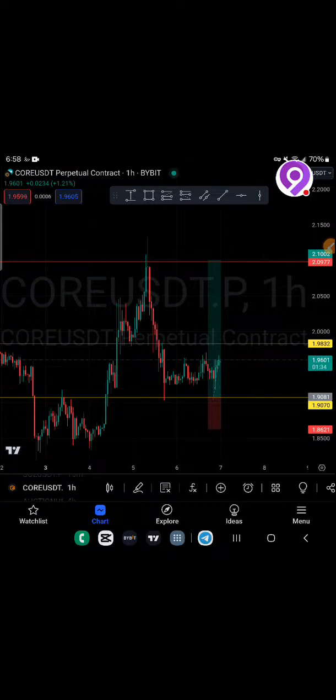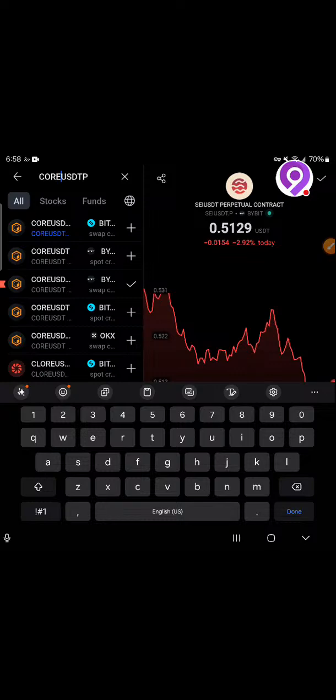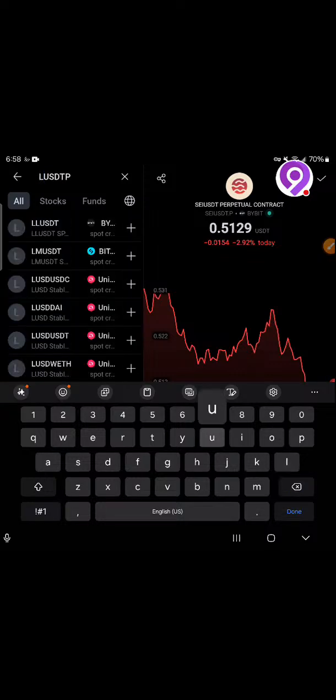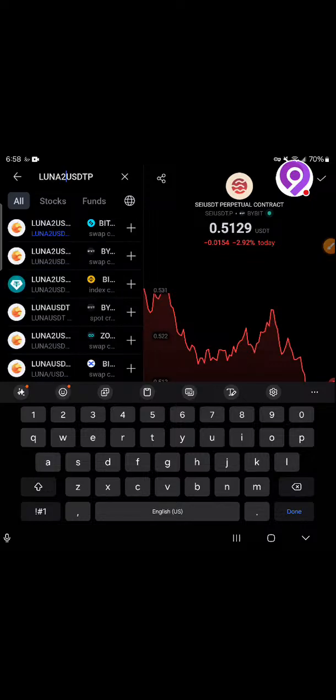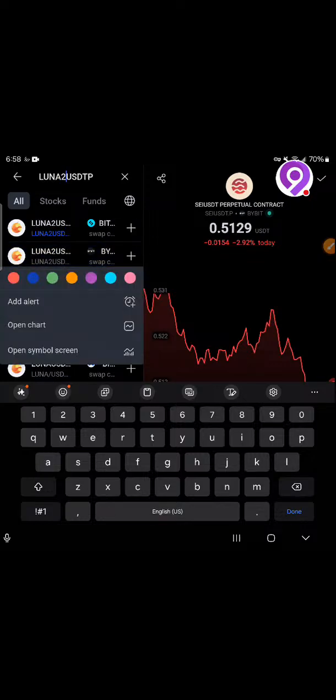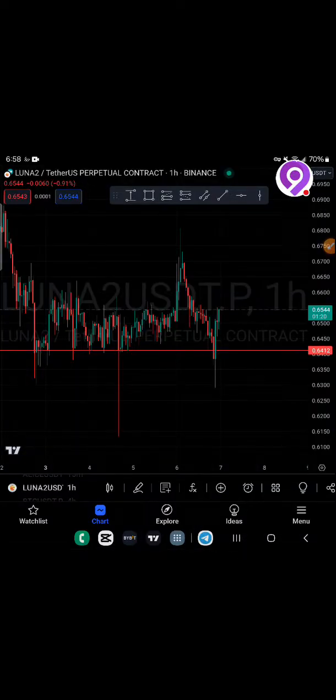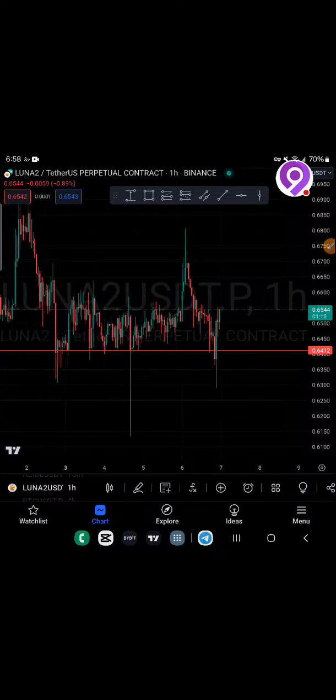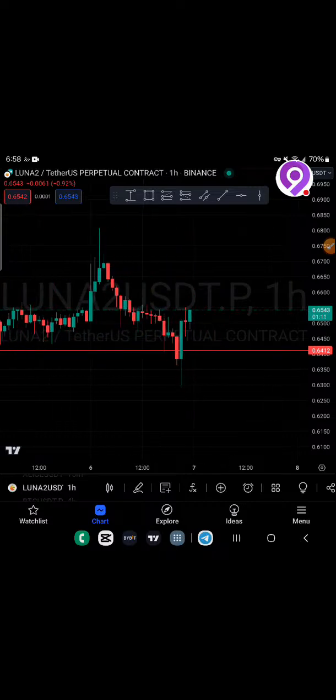Don't stress yourself. So we have Luna 2. I think I also did the analysis for this yesterday. Now look at this. For Luna 2, it's also an uptrend. In short, this is hot cake as we speak. Just buy the coin.